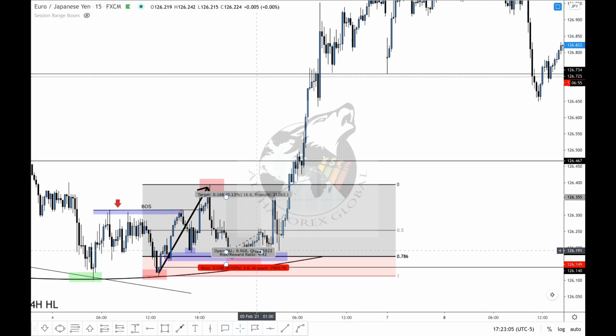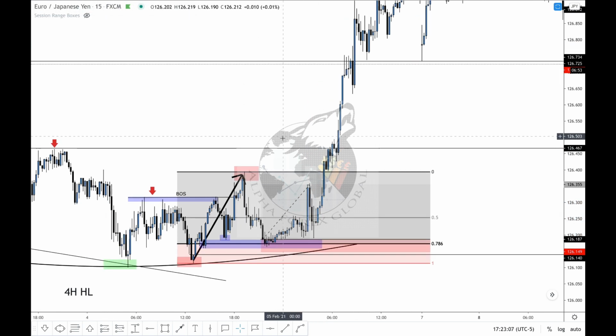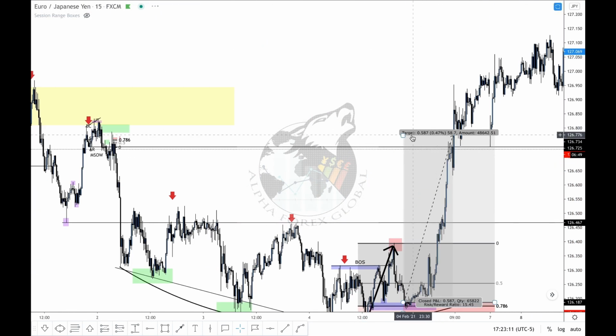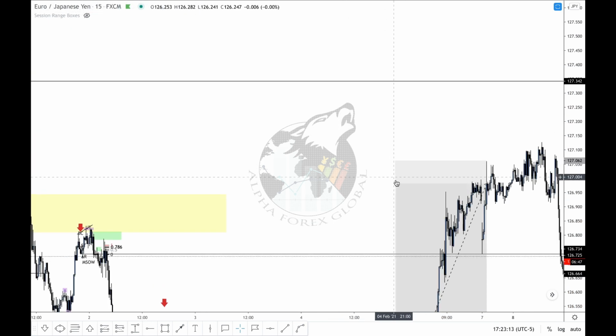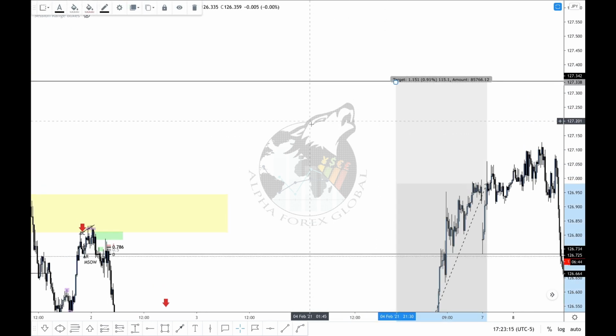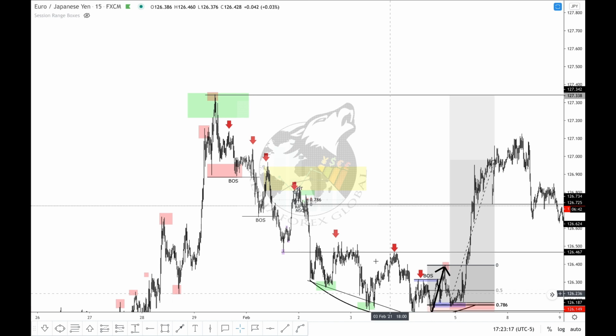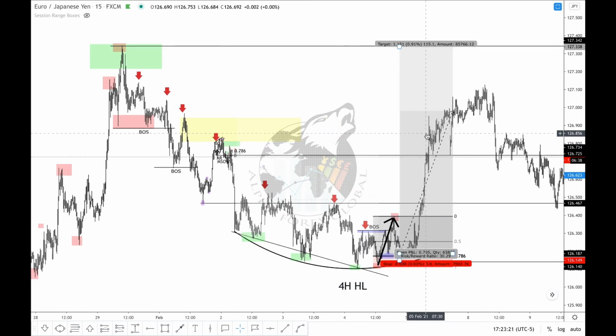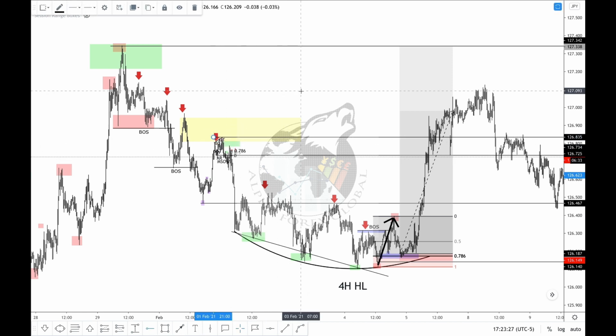So again, if I got my entry here, extended, I would be targeting the highest high right here, the 4-hour high, because this is a 4-hour higher low, right? But I would be taking partials at this 1-hour lower high.